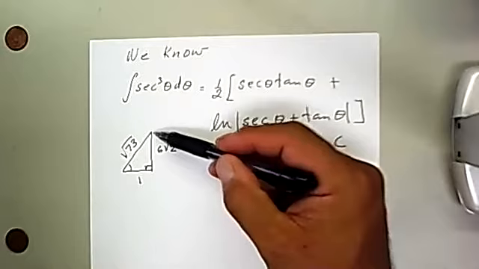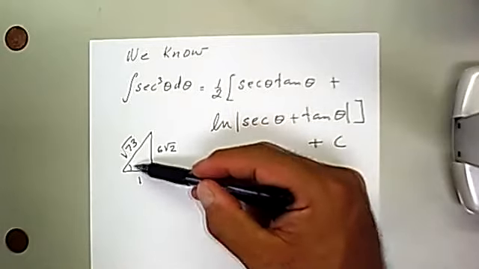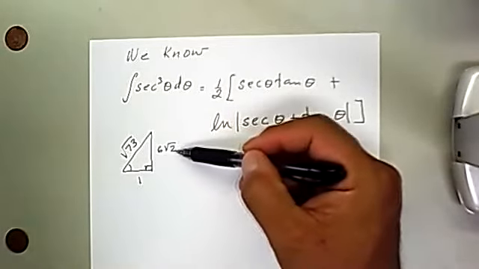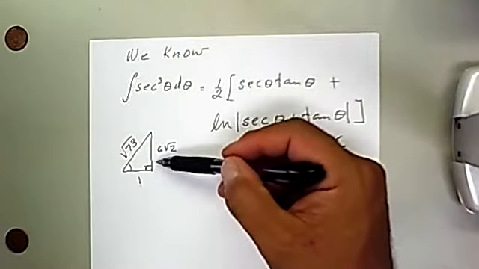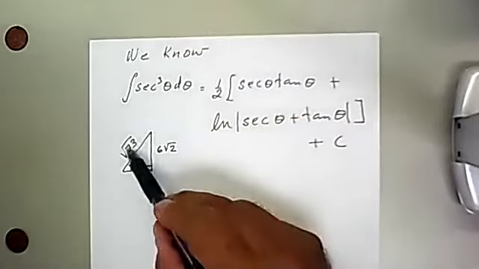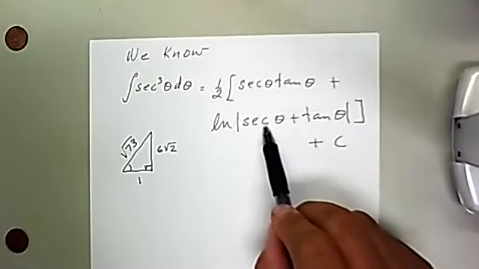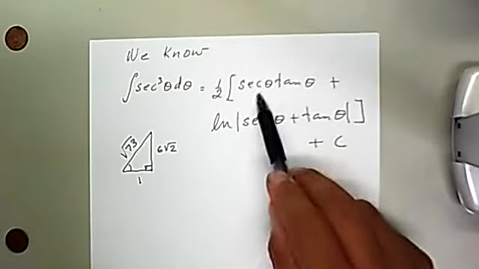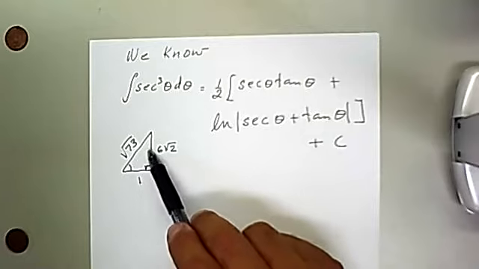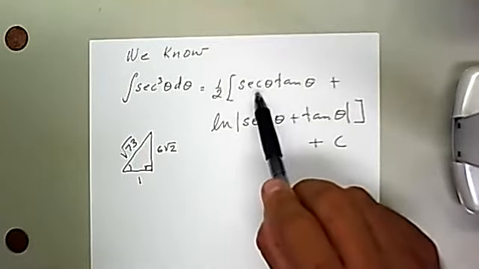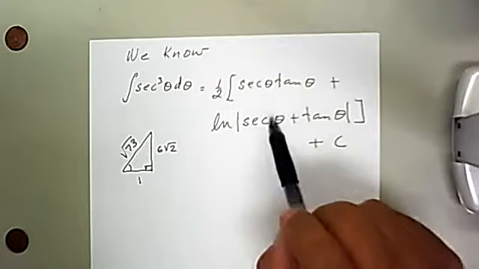So if an angle has a tangent in the first quadrant, a tangent of 6 root 2, then the secant of that same angle would be square root of 73. And the reason why we need to do this is because the antiderivative formula calls for the secant. So we're going to put square root of 73 for the upper limit of the integral when secant is used.